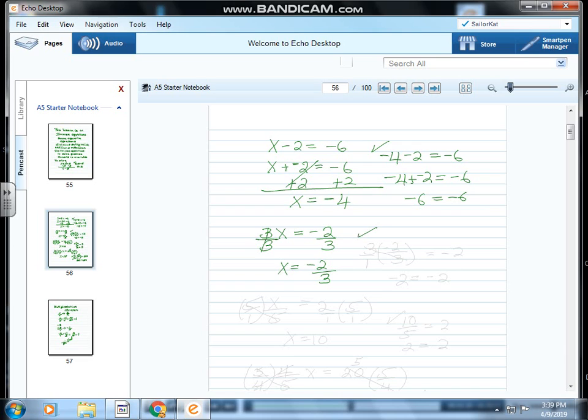So in your check, you'll see that it works. Now remember that you put a 1 underneath the 3. Any whole number is also a rational number. And see if this is equal to negative 2. Well, I can cross cancel the 3's, so this is equal to negative 2.